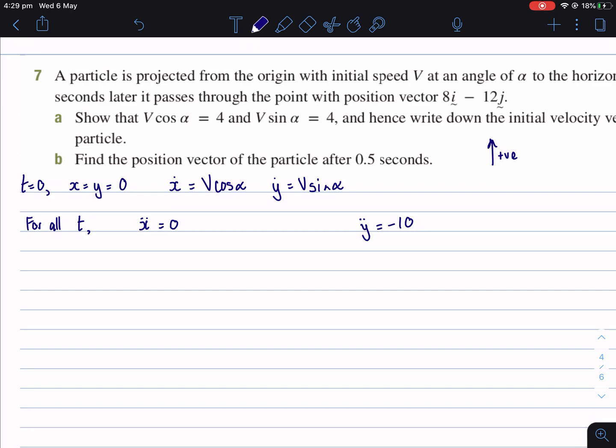So the velocity vector, integrating our acceleration vector: x component of the velocity, integrating our x component of the acceleration with respect to t. So we're integrating 0, so we get c1. Same with y.